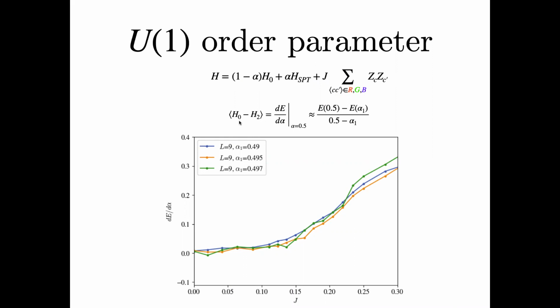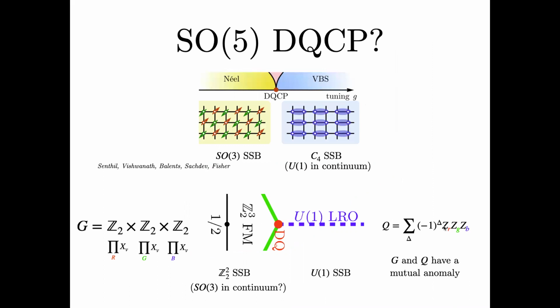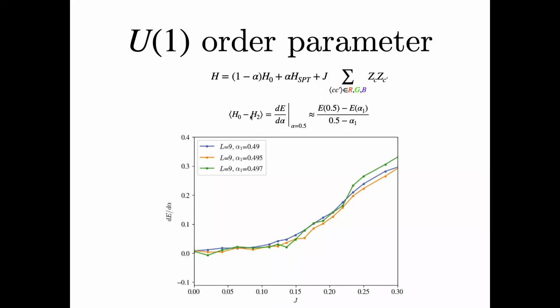Sorry, I should have written H0 minus HSPT, because the Z2 subgroup of this U1 is the entangler between trivial and SPT. So H0 minus HSPT anti-commutes with the U1, and it serves as a good order parameter. At the midpoint between trivial and SPT, you can obtain this exactly by taking the derivative of the energy with respect to this interpolating parameter alpha.